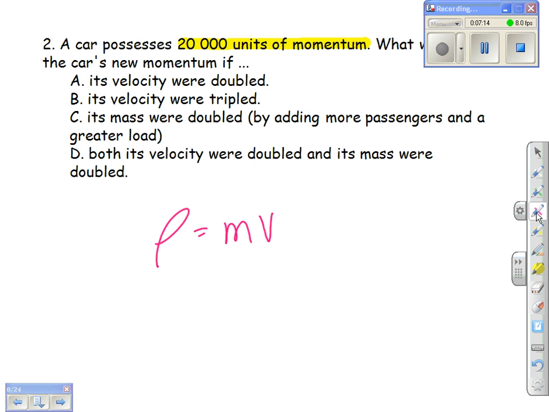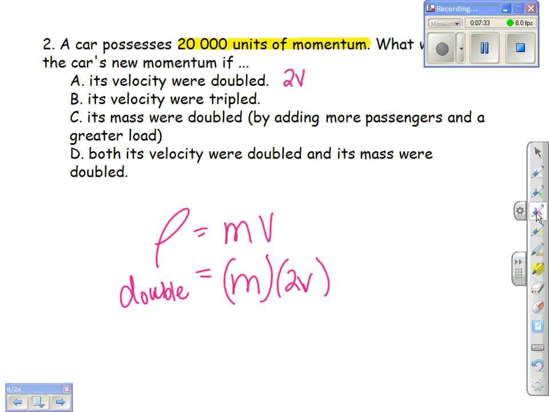So we want to say if we double the velocity, we want to put 2v in there. Well, if we have mass times 2v instead, then that's going to cause our momentum to be double the amount because you multiplied one of them times 2.